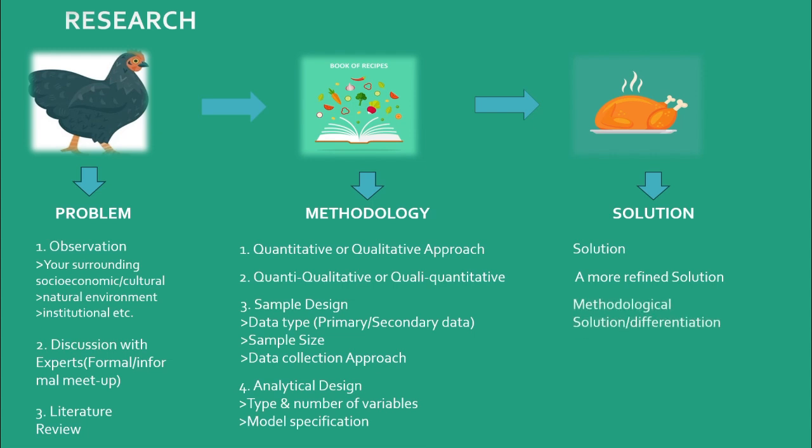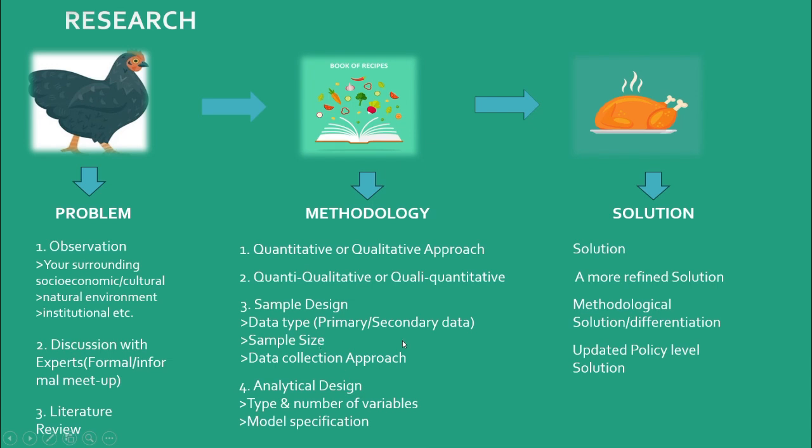Or you can also come up with some methodological contribution or methodological solutions different from previous approaches. Or you can update the policy level solutions, like previously there are solutions to some policy problem, but you come up with an updated or different policy level solution through your personal research skills and through this research methodology section.